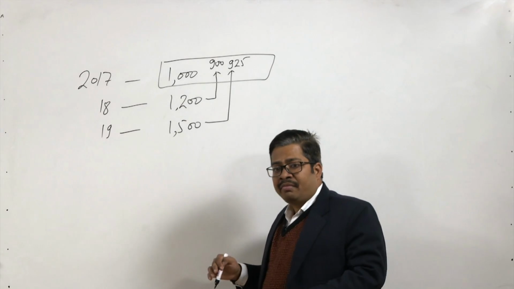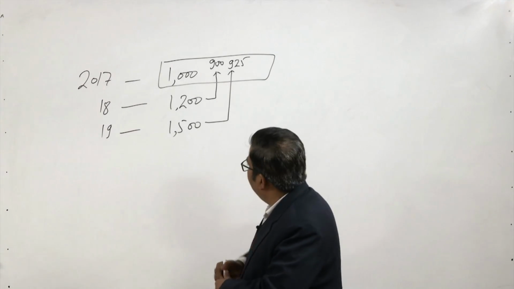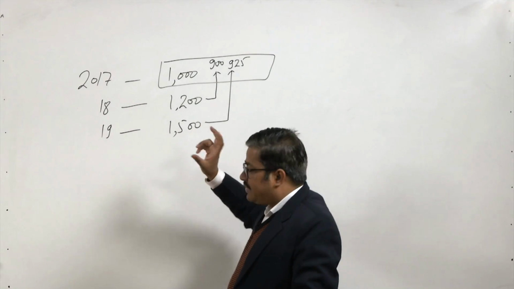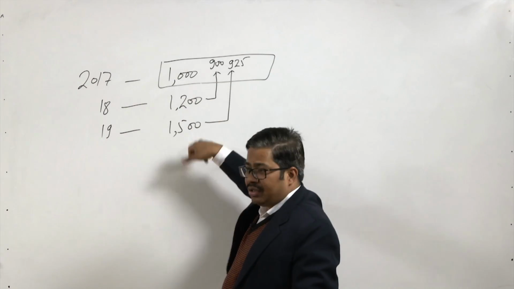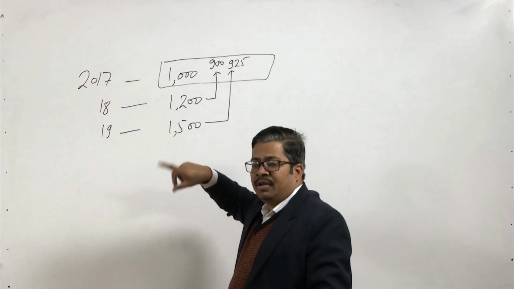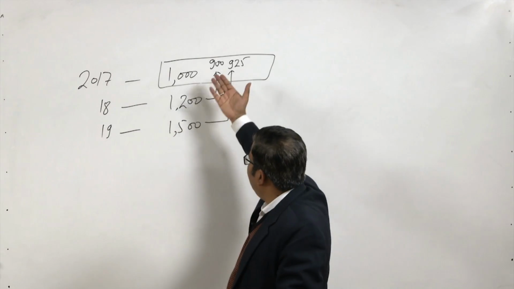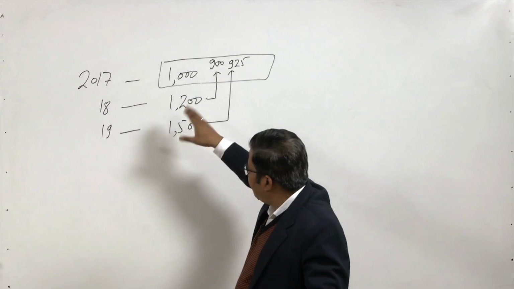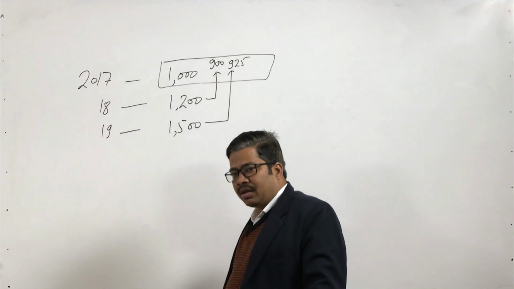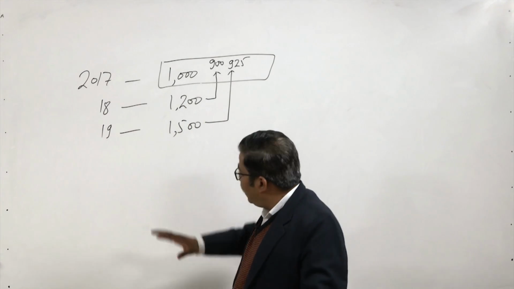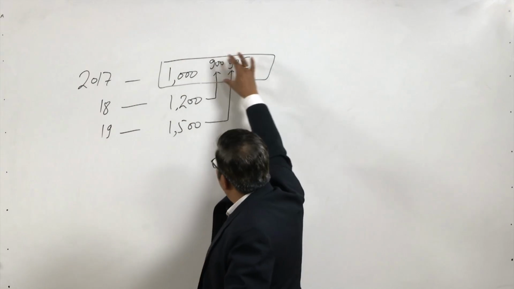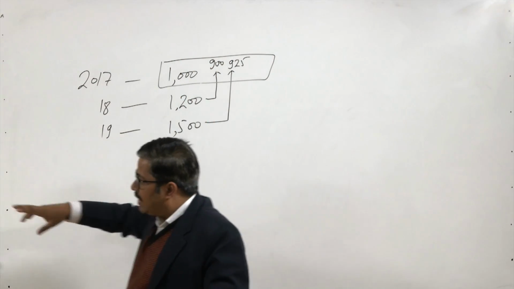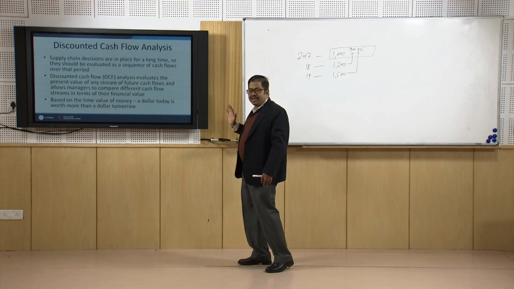So, though in the absolute term 1200 and 1500 these figures are more than 1000, but when I am talking their present value it is equivalent to 900 or 925 maybe, if I consider some suitable discounting factor. So, I need to see what is the total present value of all these future cash flows, that is my analysis of discounted cash flow.